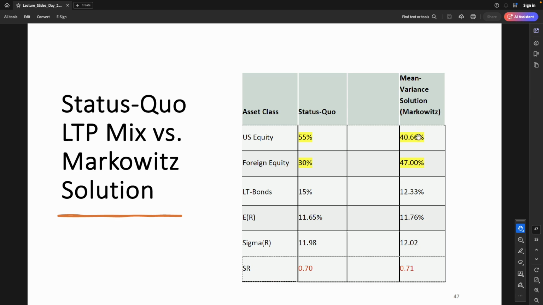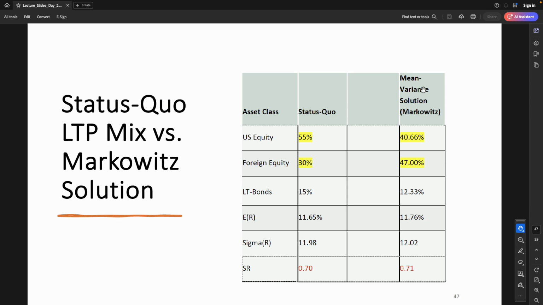The mean variance solution for Markowitz gives me the following. I should invest 40% in US equity, 47% in foreign equity, bonds 12, the expected return, vol and the Sharpe ratio is 0.71 here. So there are a few messages. Again, what I say now is on the next slides as well, but I like just to do my thinking here. First, how did I compute that?